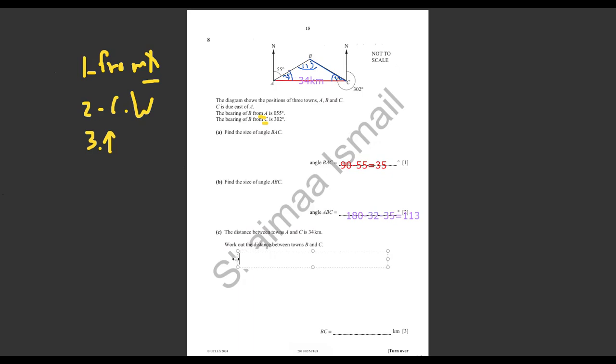So we can say that sine 113 over 34 kilometers will be equal to sine 35, dividing by BC, the opposite angle. So the opposite angle here is 35, okay?